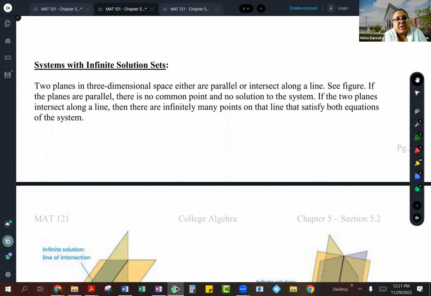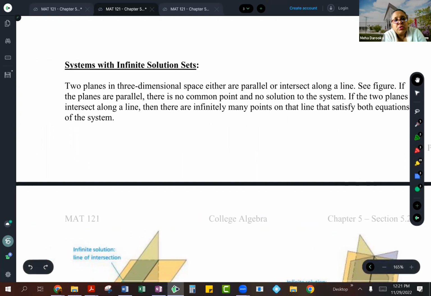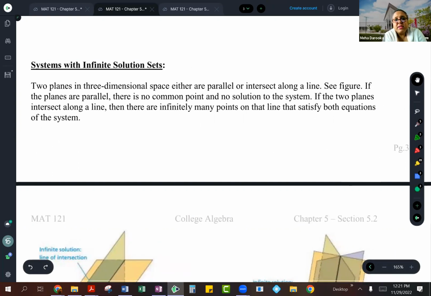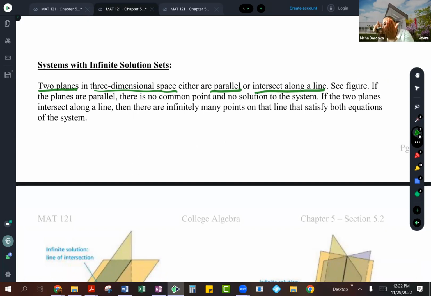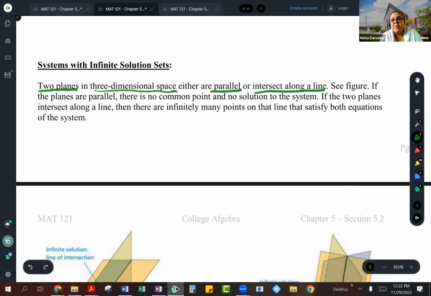So in this case, what if you have only 2 planes in 3-dimensional space? They can either be parallel to each other or they will intersect along a line. So imagine what would happen if you took 2 pieces of paper and joined them in different configurations. And you can see that in the figure we have down here.